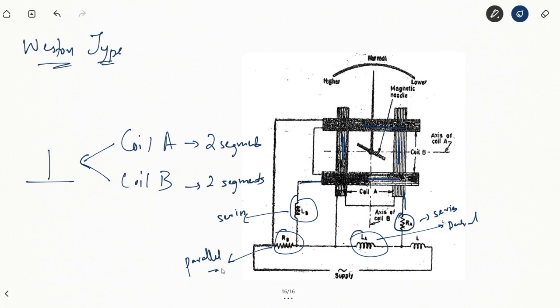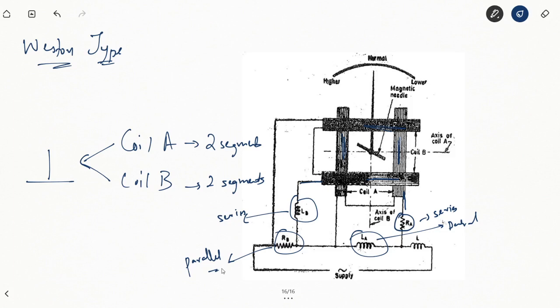And there are other parts, the pivots and the spring and the needle, a magnetic needle here, that will give the deflection proportional to the frequency of the applied voltage.